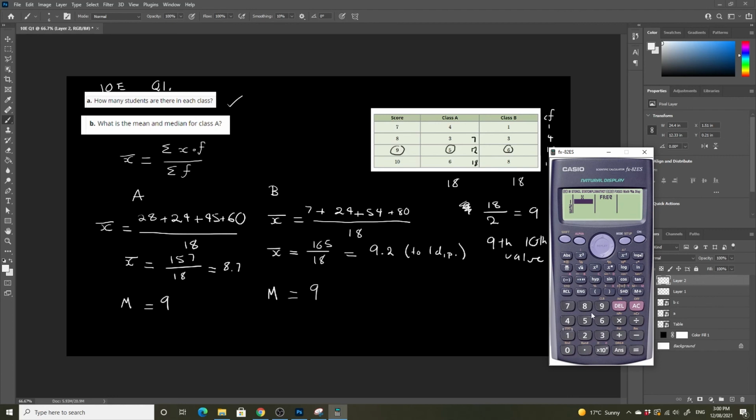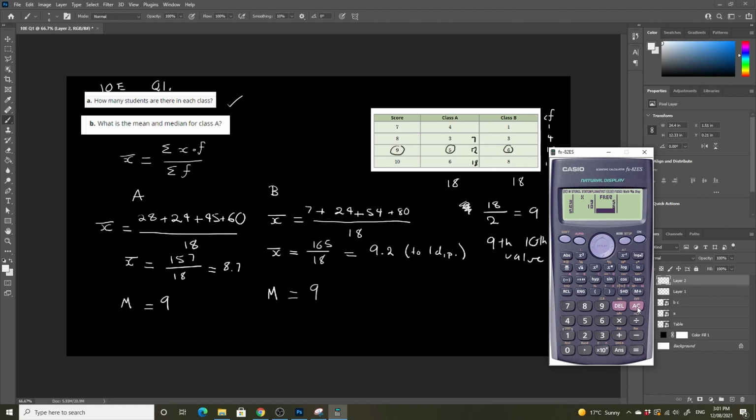So for class A, let's just do that one. We are entering in the scores of 7 equals, 8 equals, 9 equals, and 10. And then we're going to adjust their frequencies to be 4 equals, 3 equals, 5 equals, 6 equals.